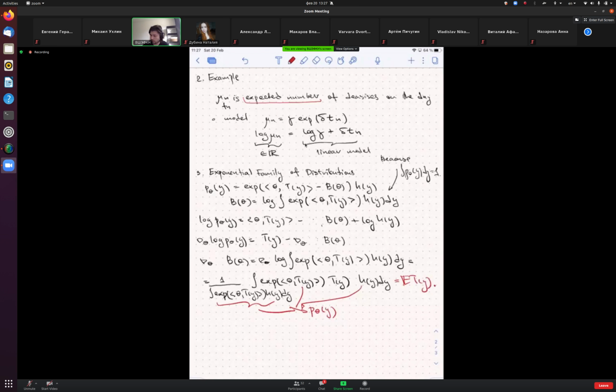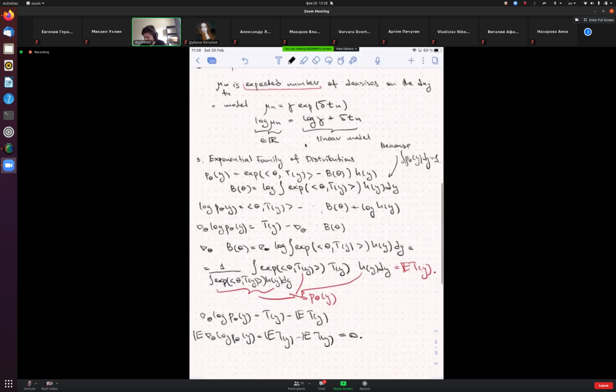Okay, so what do we get? We get that the gradient of this guy is equal to the statistic minus its expectation. So then it's easy to see that the expectation of the gradient is equal to 0. And we will need this.